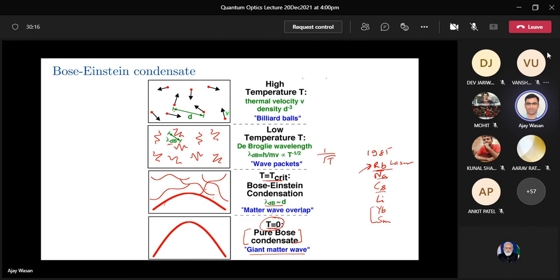It depends upon how much facilities you have, because these experiments are very expensive. You will be working at around 10 to the power minus 12 torr vacuum. 1 torr corresponds to 1 mm Hg pressure. You need a very good vacuum, then the corresponding laser.